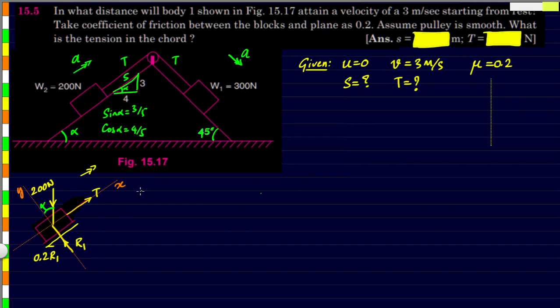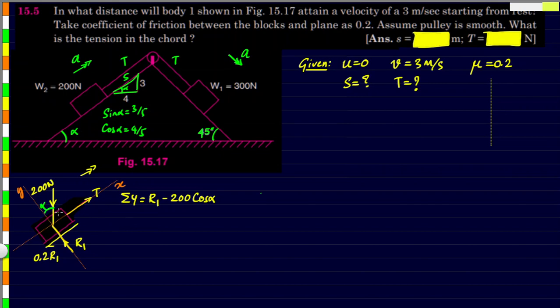Let's now go ahead and apply the equations of equilibrium. First we will apply in y direction, then in x direction. So let us take all the components of forces in y direction first. R1 is acting in positive y direction, so it should be positive. A component of 200, that is 200 into cos alpha, will be acting opposite to y, so it has to be negative.